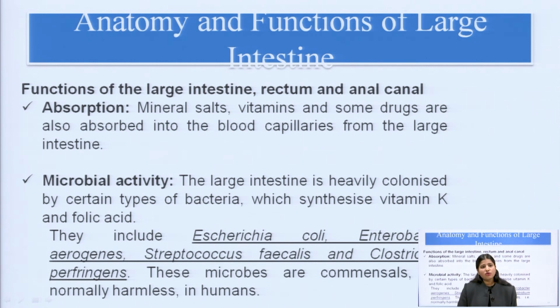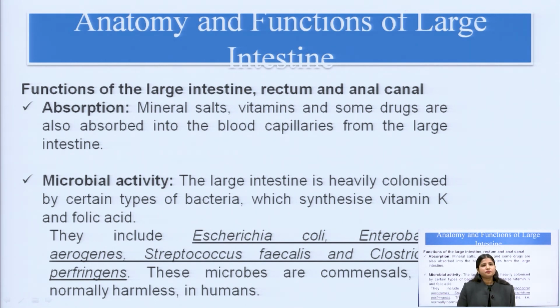So they are commensals for a specific part. Their numbers need to be maintained properly. If there is a disturbance in the area where they are living, or their numbers fluctuate, of course there will be a problem. So these are commensals and they are not harmful in humans, only for that particular area.